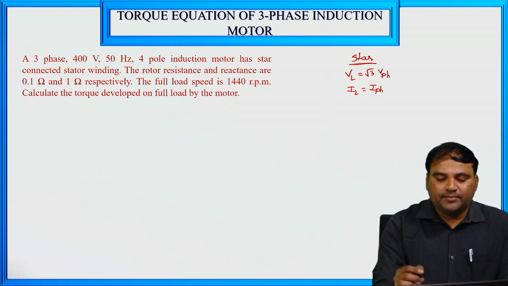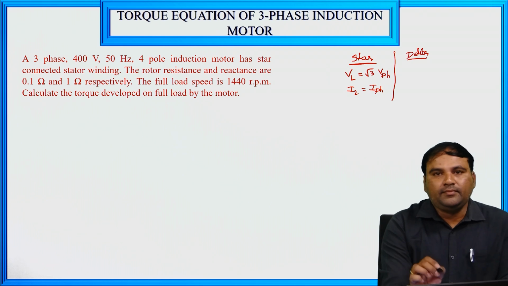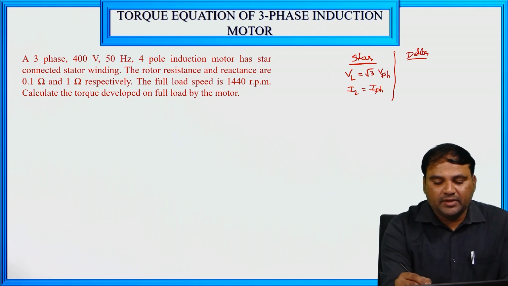Suppose if it is a delta connection, it is the reverse of this: line voltage is equal to the phase voltage and line current is equal to root 3 times the phase current.